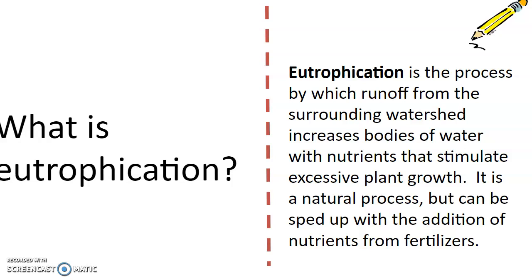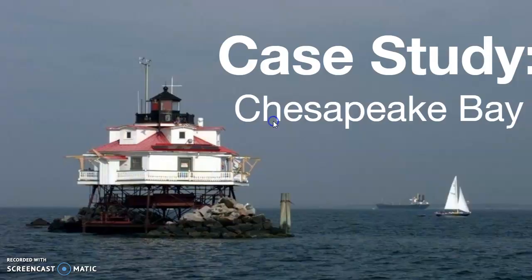For example, if runoff is coming from a farm that primarily uses fertilizers for its crops, and this runs downhill into a lake or a pond, it can stimulate excessive plant growth and speed it up.